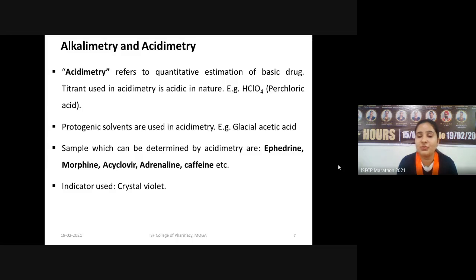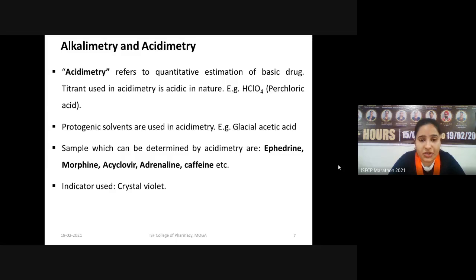Now, protogenic solvents are used in acidimetry. Since we are going to find out the quantitative estimation of the basic drug, we will be using a titrant which is acidic in nature.